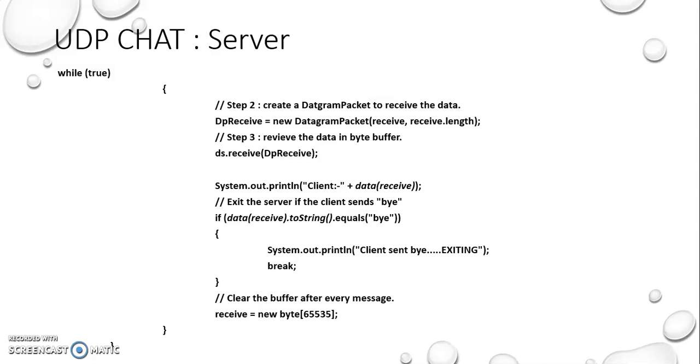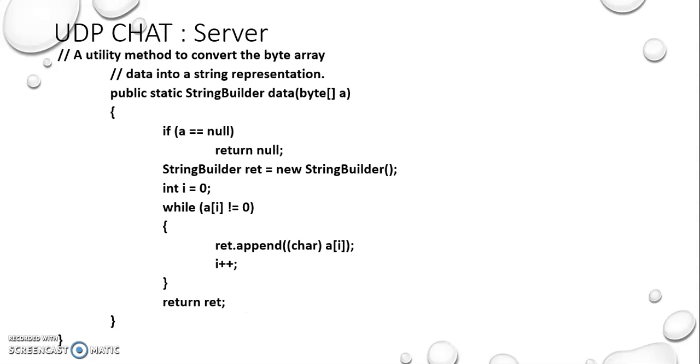The bye is already sent from the client side, and now you are receiving a bye over here, and as and when it sees that particular text, it is going to terminate this loop and come out of the loop. And here you can see the StringBuilder, the data function, and it's going to create the string as and when each character or each buffer value is getting updated as a byte.